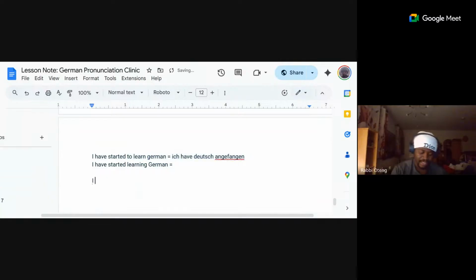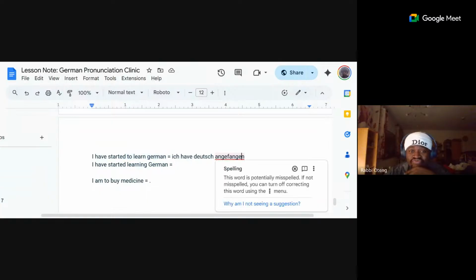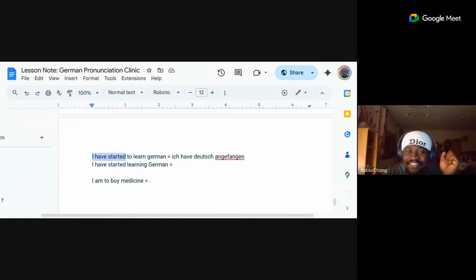For example, "I am going to buy medicine." When the object comes after the second verb, it belongs to the second verb. It's easy to know. Here, "I have started" is a complete sentence. Full stop. Done.